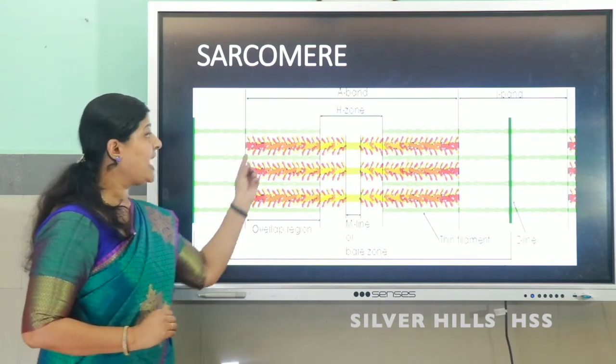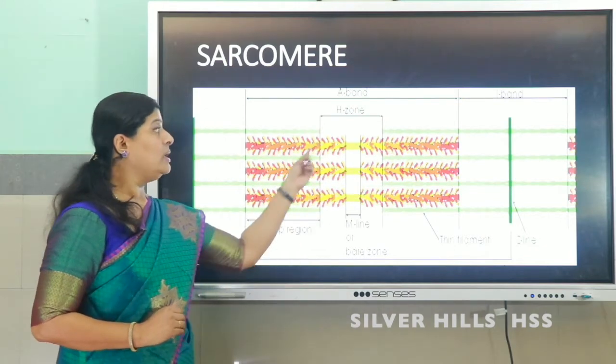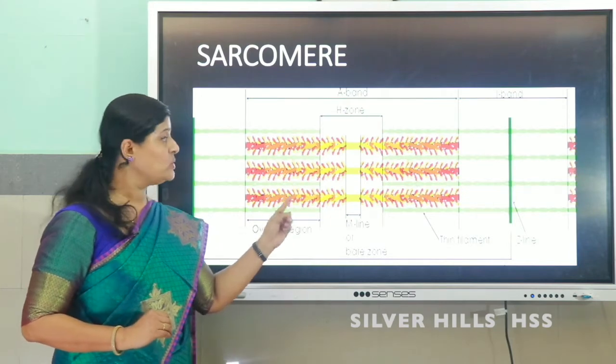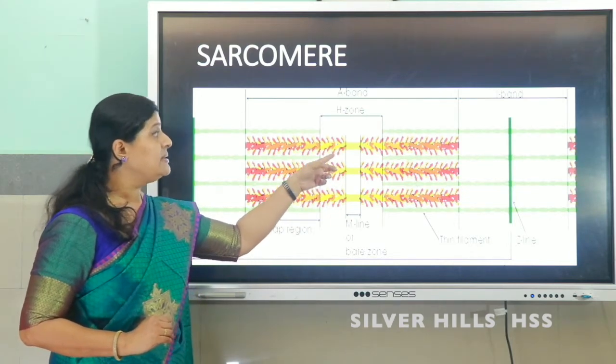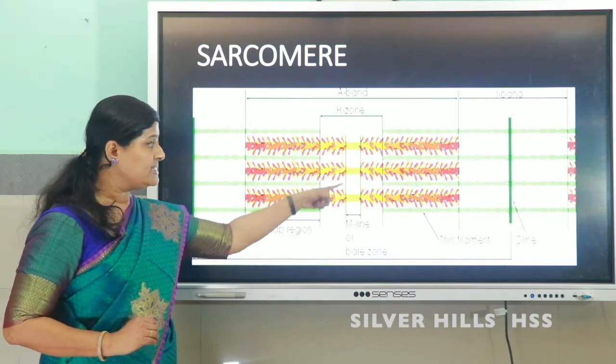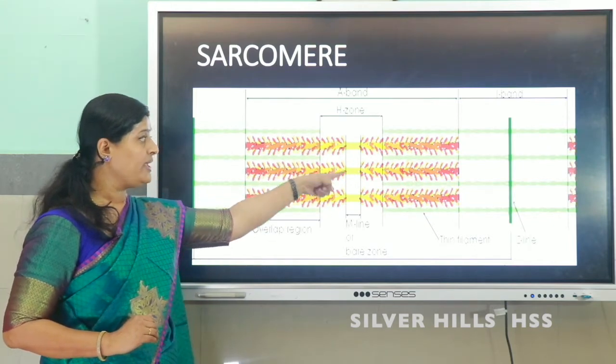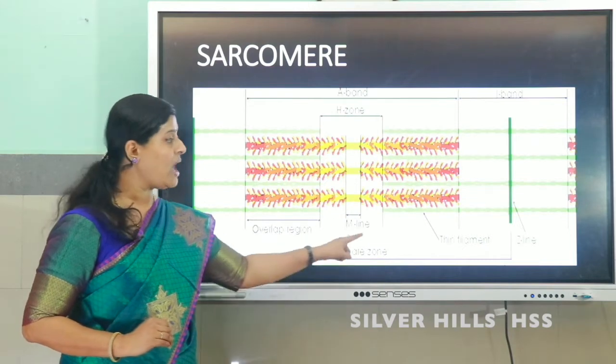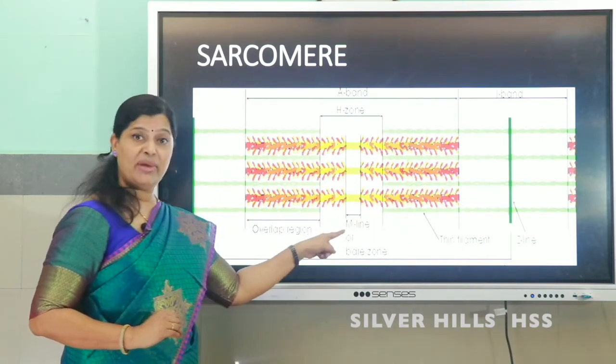Same way, at the center of the dark band or A band which is made up of myosin protein, there is a fibrous membrane, which is called the M line. So we have Z lines and M lines.